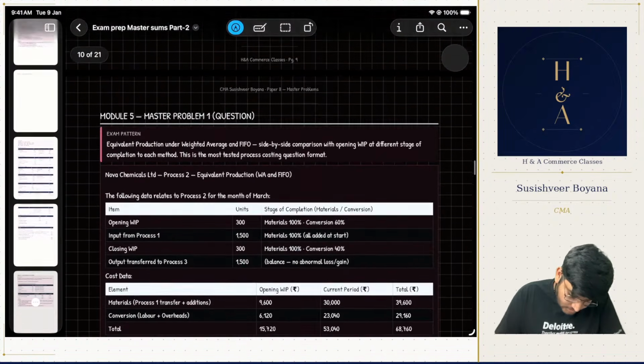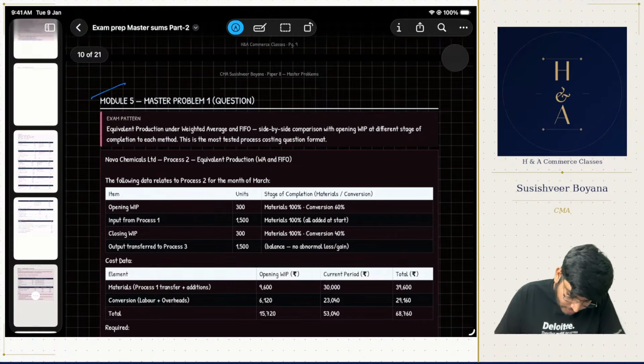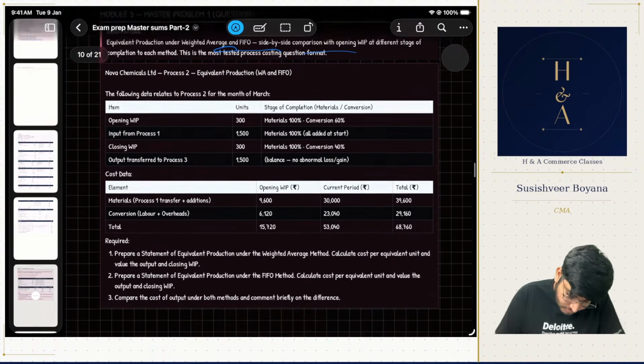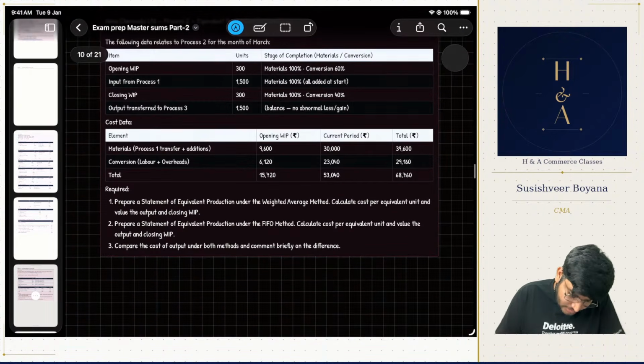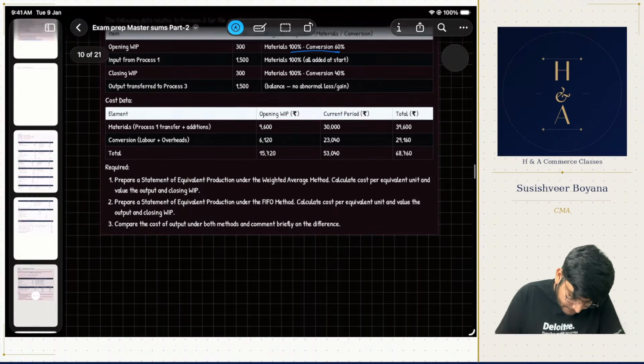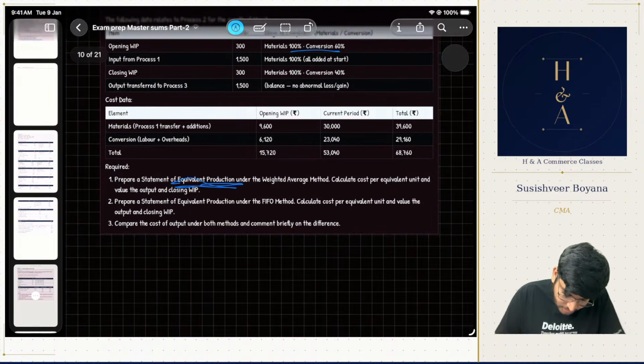Okay, anything else? Module 5, FIFO LIFO. Materials have a conversion rate. Equivalent production, I told you, right?